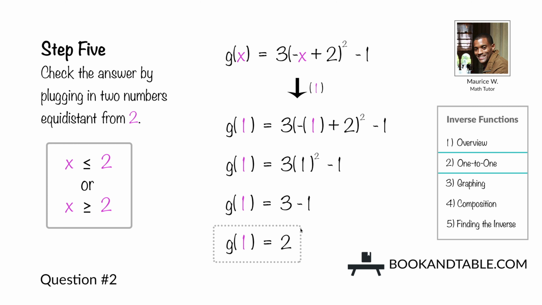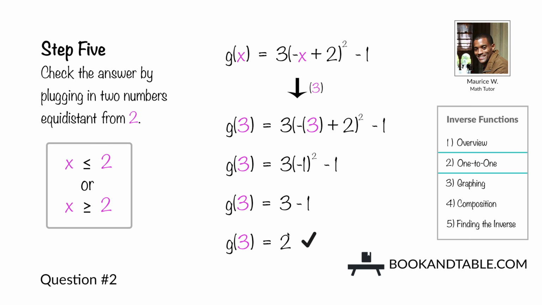So when we test g of 3, we are looking for the output value to be 2 as well. So g of 3 is equal to 3 times (negative 1 times 3 plus 2) squared minus 1. Negative 3 plus 2 is negative 1. Negative 1 squared is 1. 3 times 1 is 3.